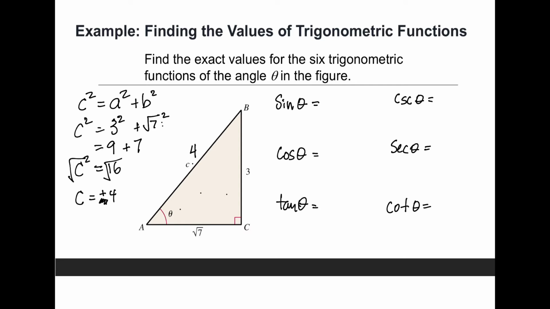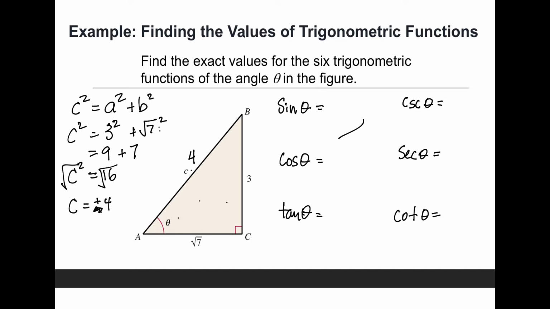Let's look then at sine. Remember, sine was opposite over hypotenuse. And I wanted to give this back to you before, but when it comes to sine, cosine, and tangent, there's a little thing you can do to remember what they are.